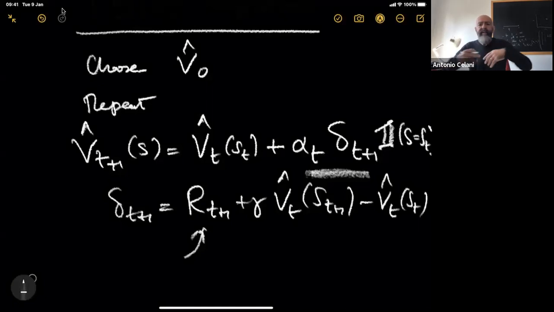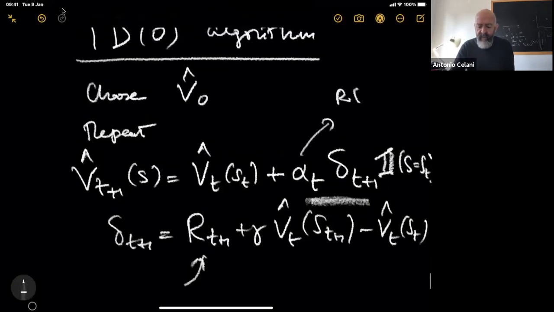It just samples. Of course, bootstrapping introduces a bias, which depends on your guess. If your guess is good, the bias will be low. If your guess is bad, there will be more bias. But the scheduling of the rates according to Robbins-Monro takes care of this and balances this variance and bias.